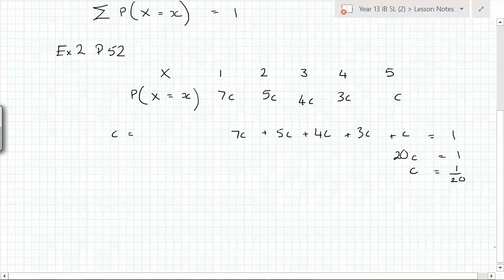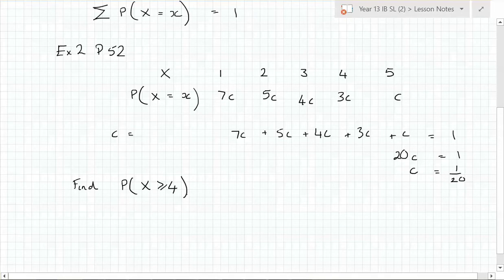The next part of the question says find, and again this is where the maths itself is not difficult, it's no different to what you've been doing before, but you just have to understand the notation. So when it says find this, you just have to understand what that means. Okay?